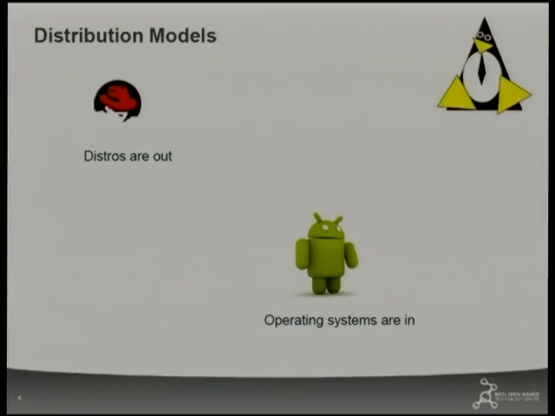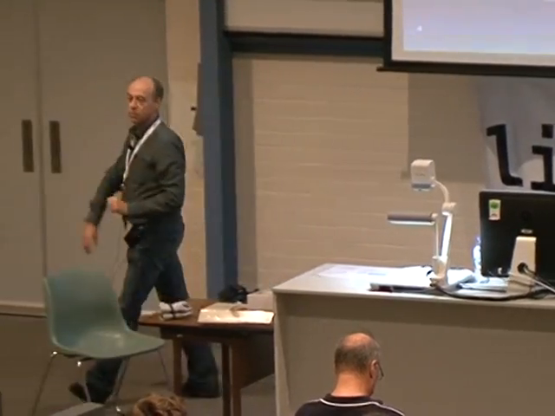So we have distribution models, and the old distribution models were what we call distros. We had Red Hat, SUSE, Ubuntu, Debian, Slackware, a whole bunch of others that we don't hear much about anymore. They're out. They're old hat. Nobody cares about them anymore. What we care about now are operating systems.